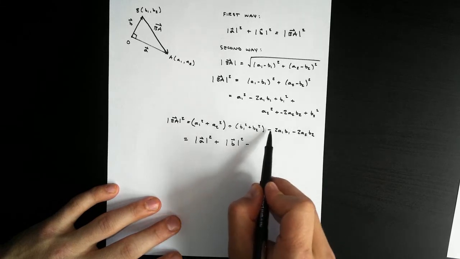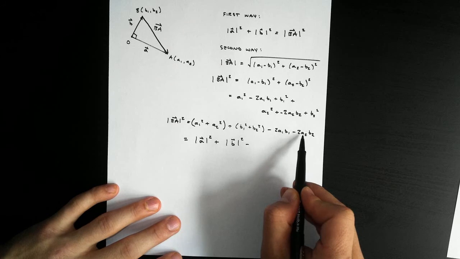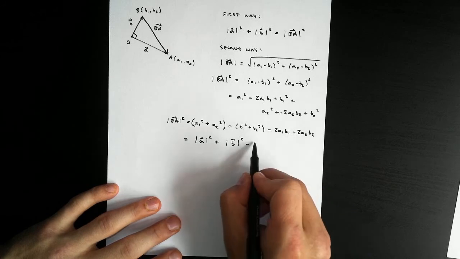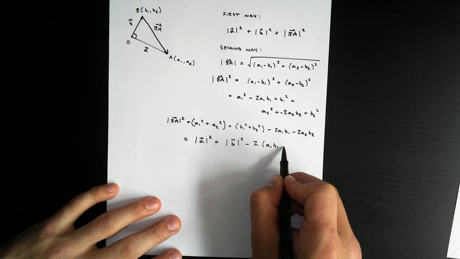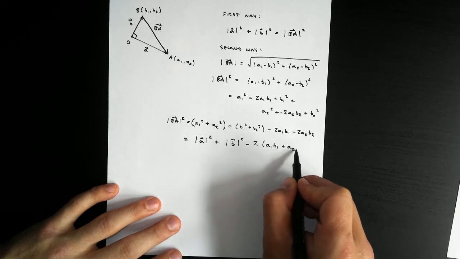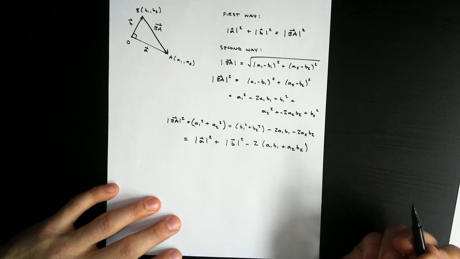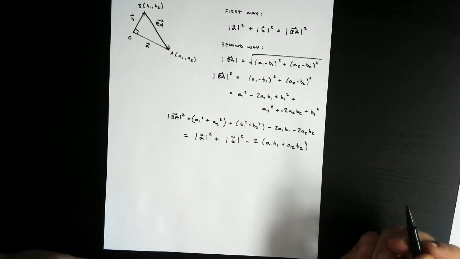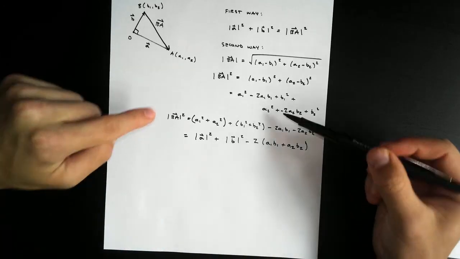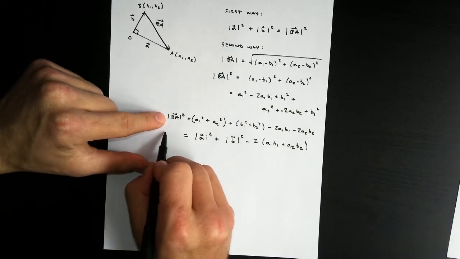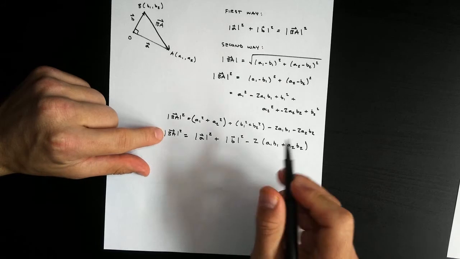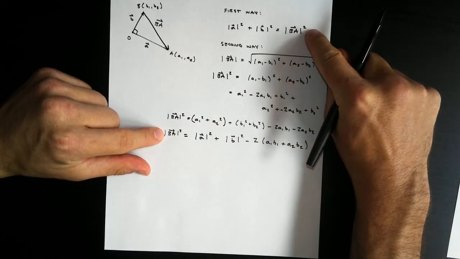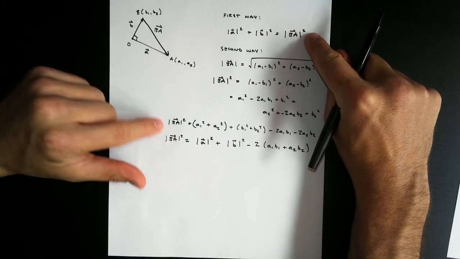And now I'm left with all this. Each of these has a factor of 2 in there, so I'm going to factor that out. So then a1 b1 plus a2 b2. All right, so this is still the magnitude of vector B A squared, and that has to be the same as what we got from the Pythagorean theorem.